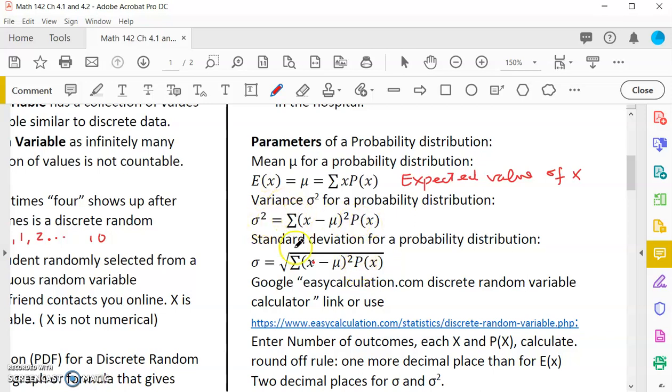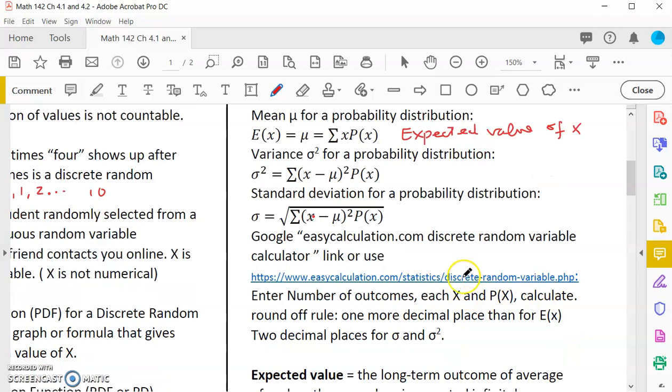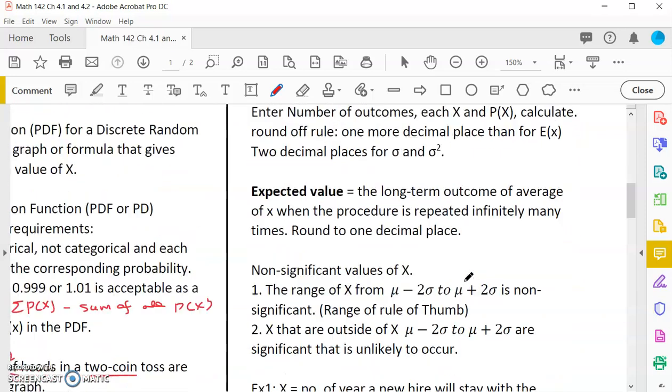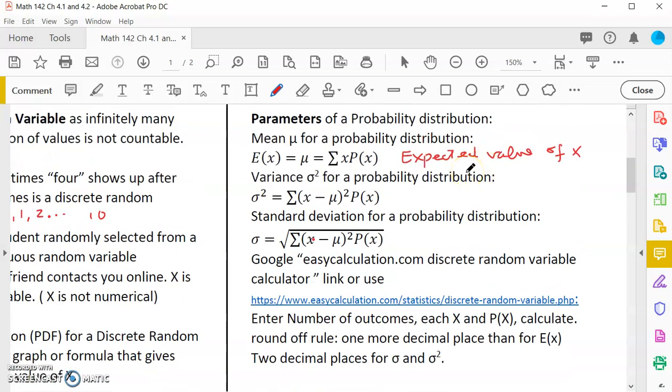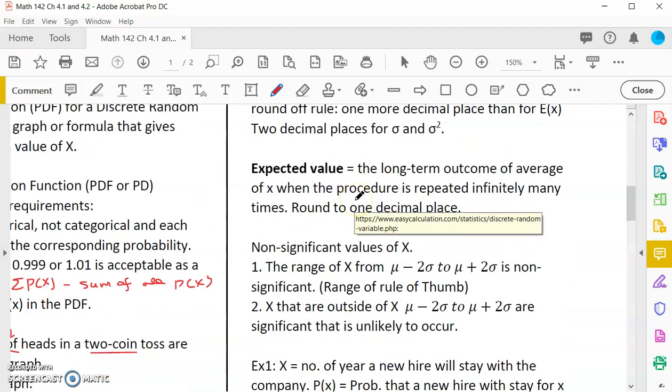It's just the square of the standard deviation, before you take the square root. So you can calculate these parameters by going to easycalculation.com, discrete random variable, and the link is over here. When we do an example, we'll look at how to do this. The most important one, of course, is the expected value of x. It tells you, if this is repeated a lot of times, what is the mean average of x.